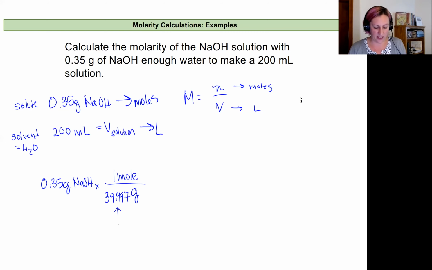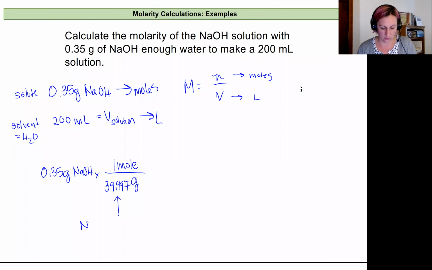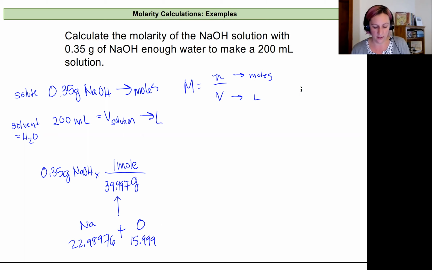What this number is coming from is adding up from the periodic table the elements that make up my compound. And so that's sodium, which has a molar mass of 22.98976, plus my oxygen, which is 15.999, plus my hydrogen, which is 1.008.